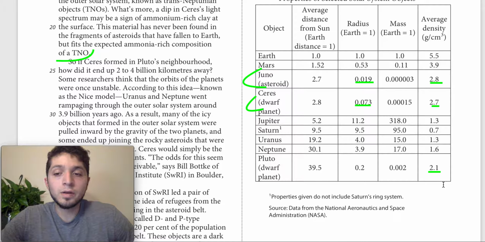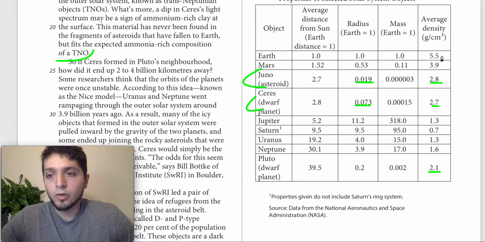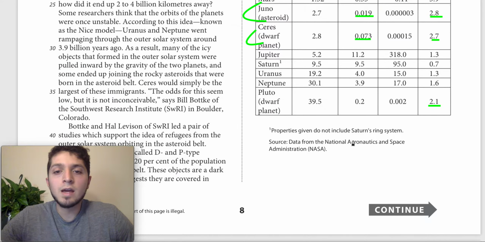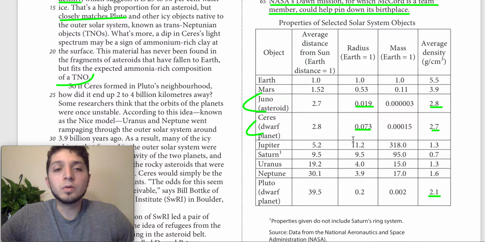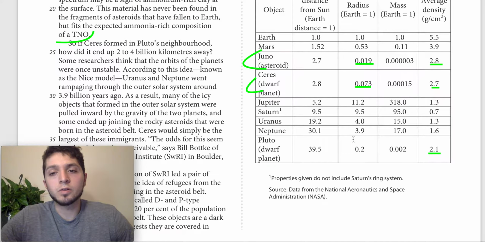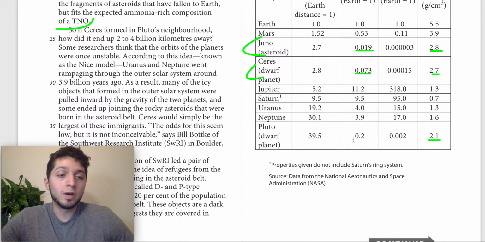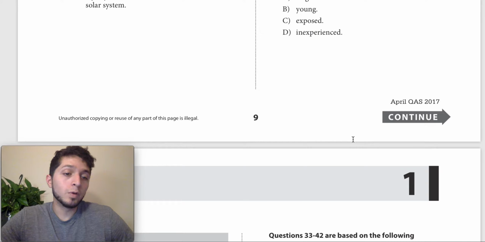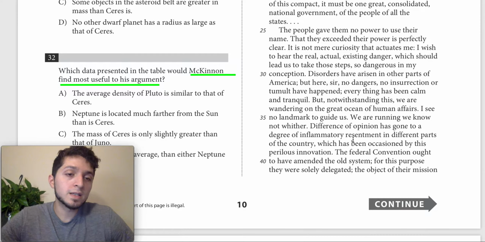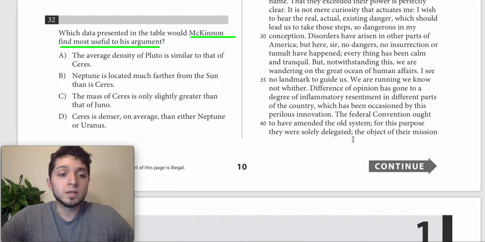There's a little bit of a difference there, but Earth is a lot more dense, Mars is a lot more dense, these other objects are a lot less dense. So I don't think we can exclude it yet. So we can just look at the answer choices now to help us determine. Maybe one of them will talk about the size, and maybe one of them will talk about the density. Whichever one that is could be our correct answer choice. Maybe we're missing something, but for now I think we're in a good position to start solving.